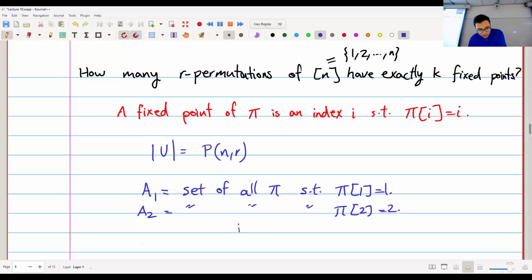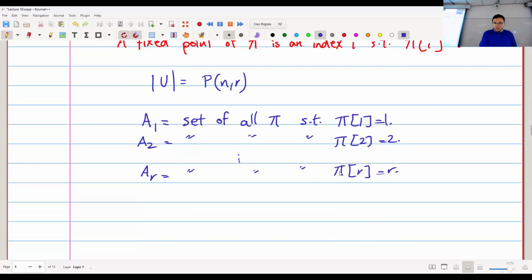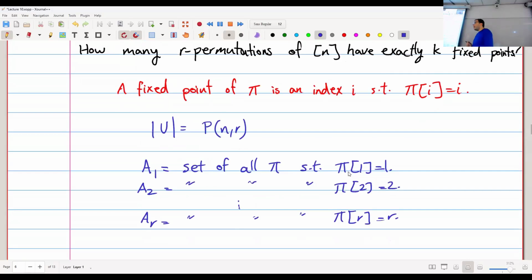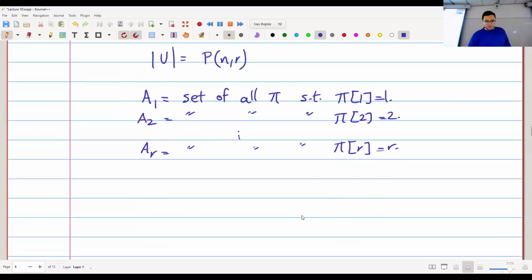And I'm going to continue this until AR. AR is the set of all permutations such that the R's position of the permutation is R. What do I want? I want the number of permutations that are in exactly k of these R sets. Or using my notation from before, I want E of k.